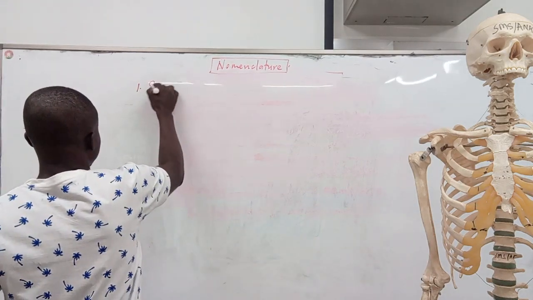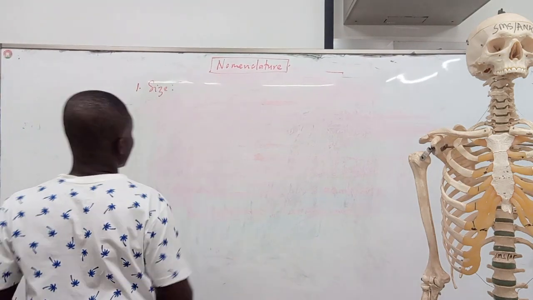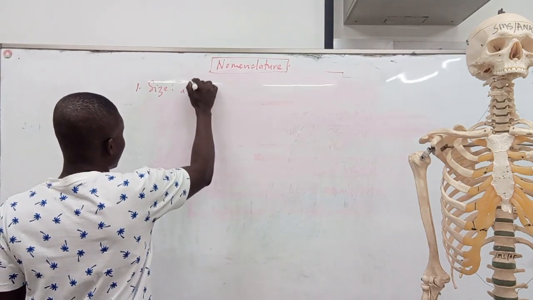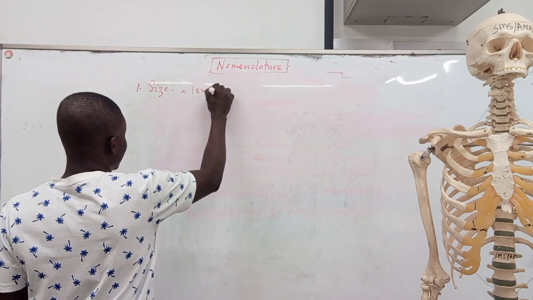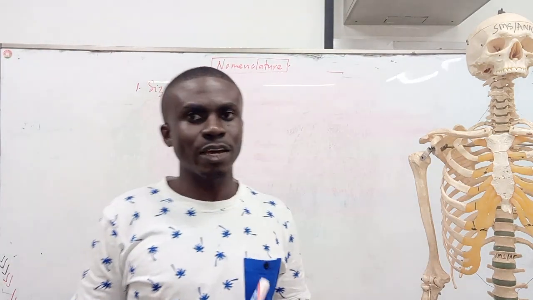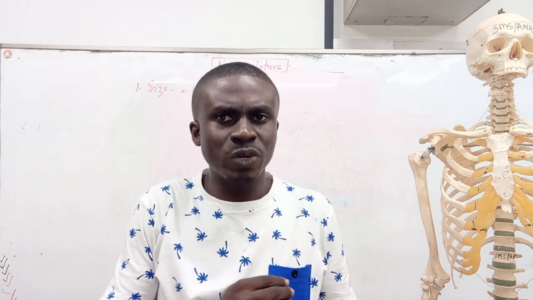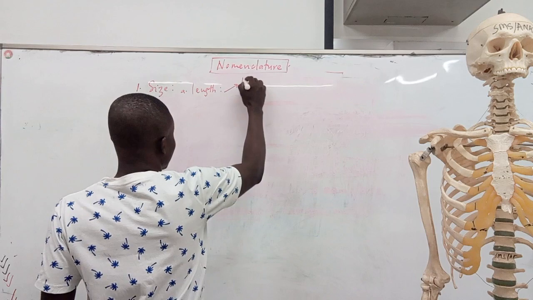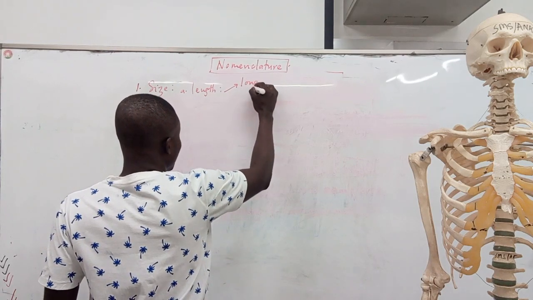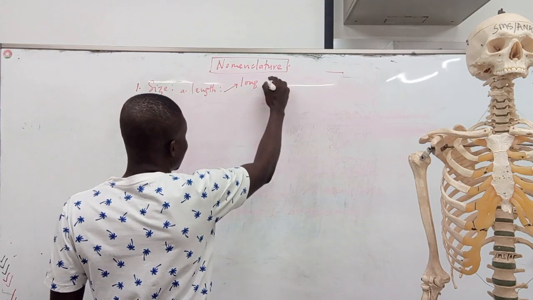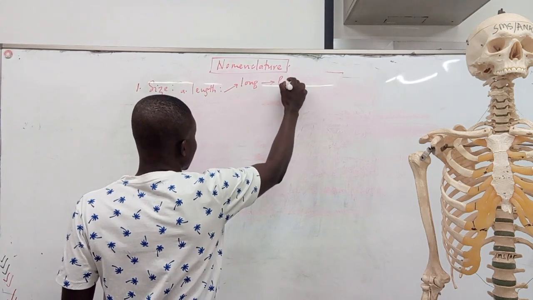So in terms of size, I can talk about length. I told you that we have some muscles which are very long. So let me start with that one. I can have a long muscle, so the fibers are very long. And we may talk about something like palmaris longus.